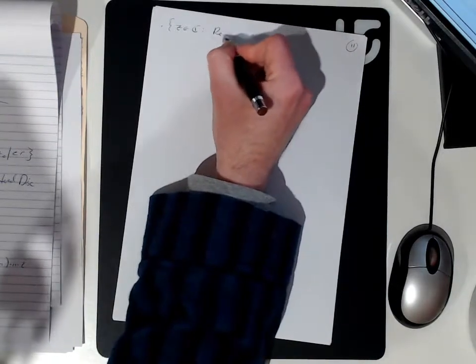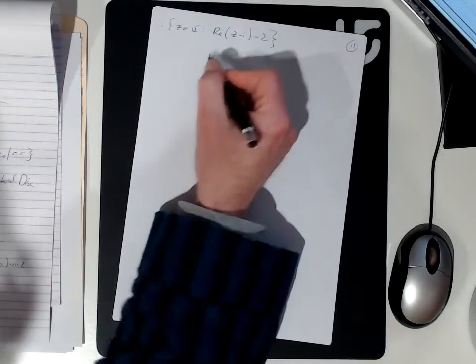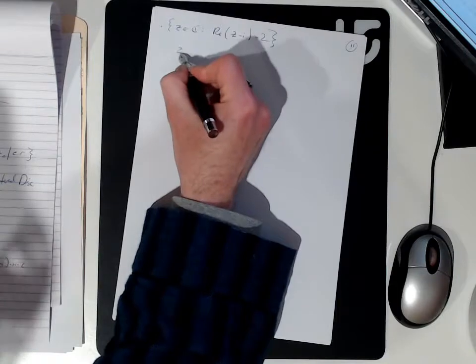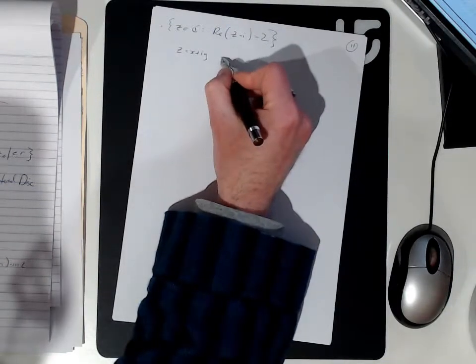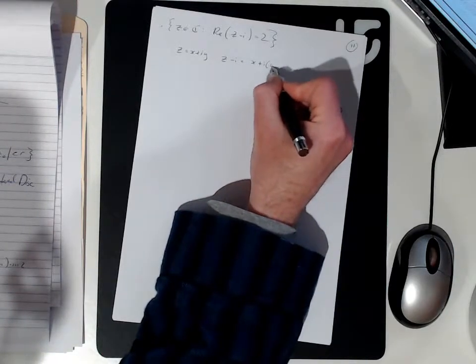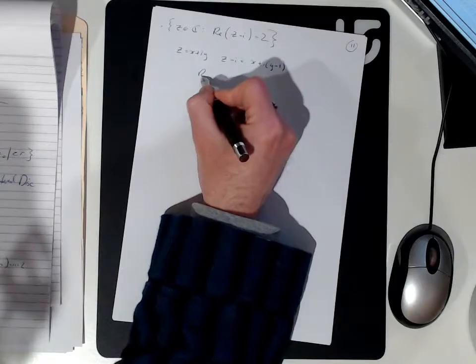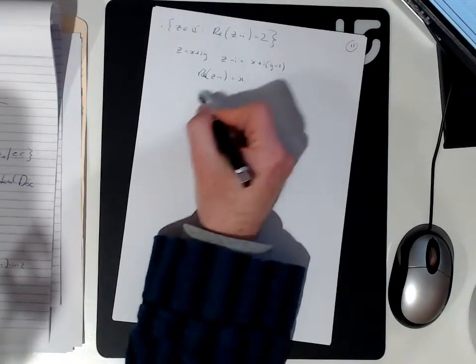What about this one? The real part of z minus i equals 2. This might take a little bit of effort. So let z equal x plus iy. Then z minus i is x plus i(y - 1). And the real part of z minus i equals x.